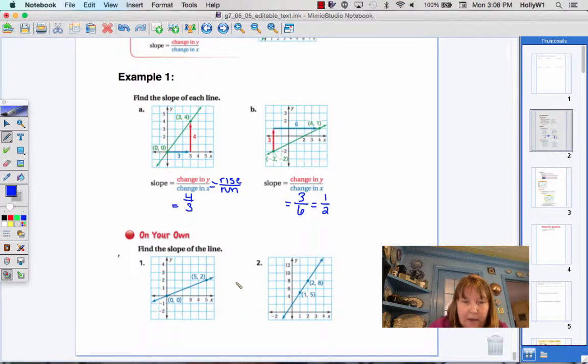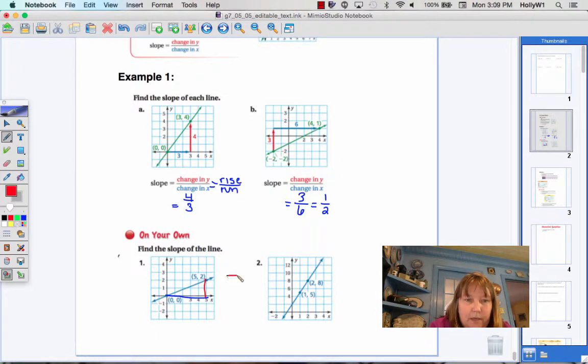Hi, welcome back. So in example 1, we're talking about the rise over the run. So we draw this blue line here. That is the run. I'm going to change it to red, and then this is the rise.